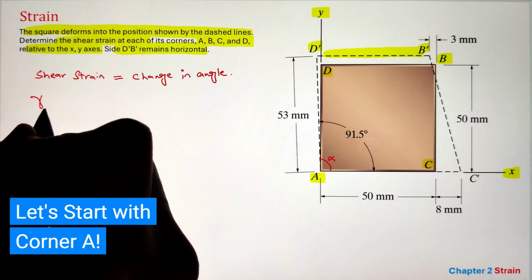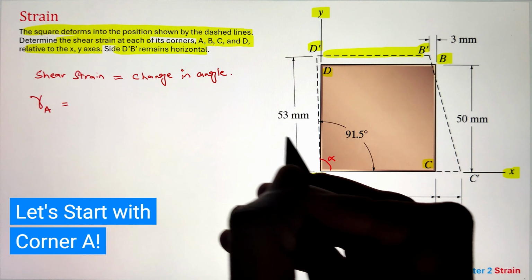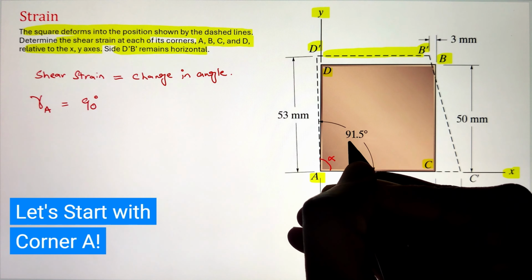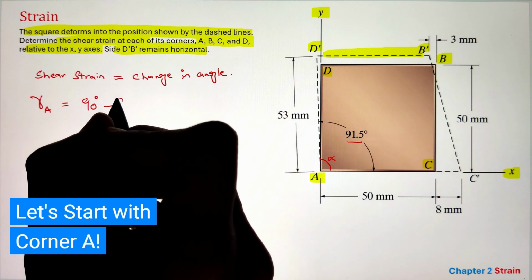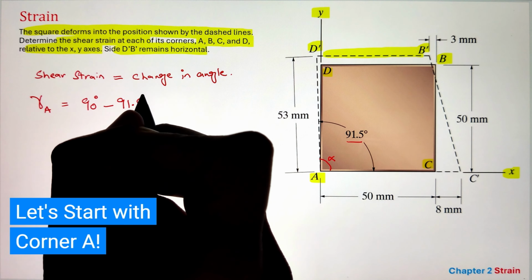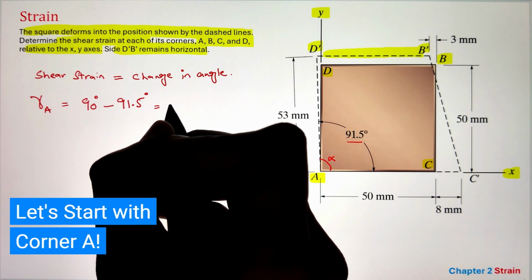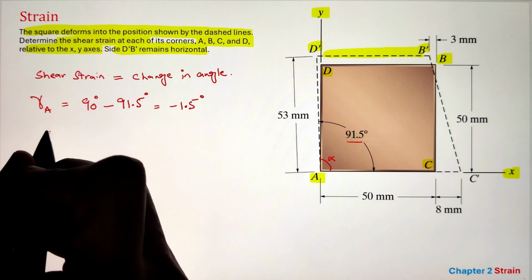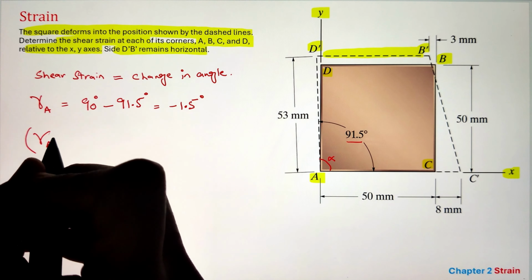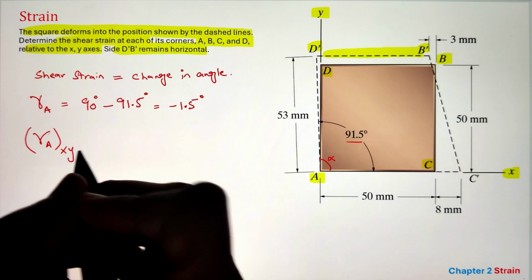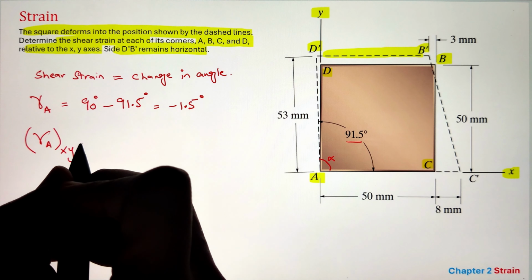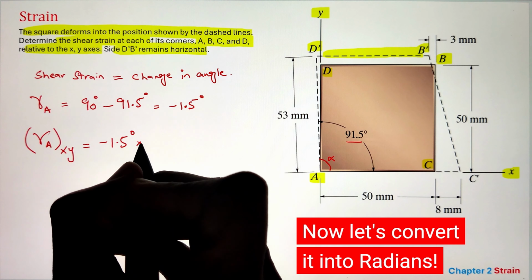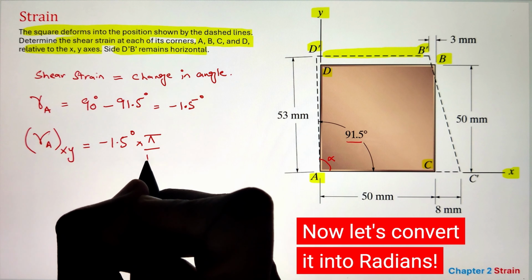So starting at point A, we know that the internal angle between the edge AD and AC is 90 degrees, and the new angle formed is 91.5 degrees. The difference between them is negative 1.5 degrees. Now shear strain needs to be represented in radians, so we convert from degrees to radians by multiplying with pi over 180.